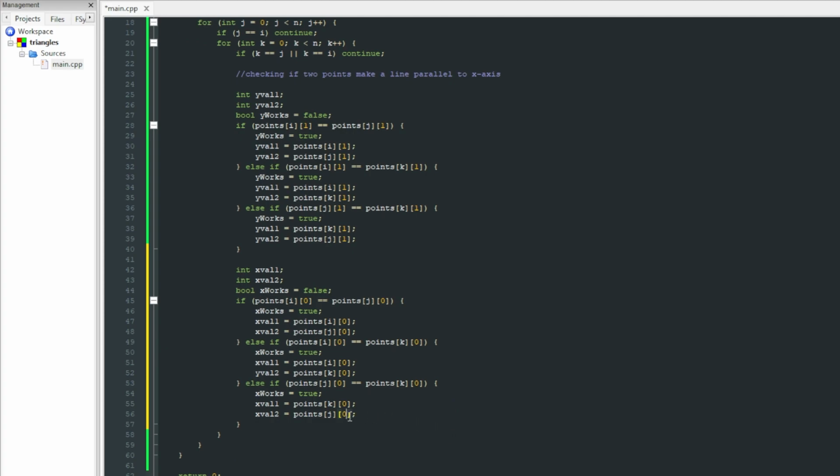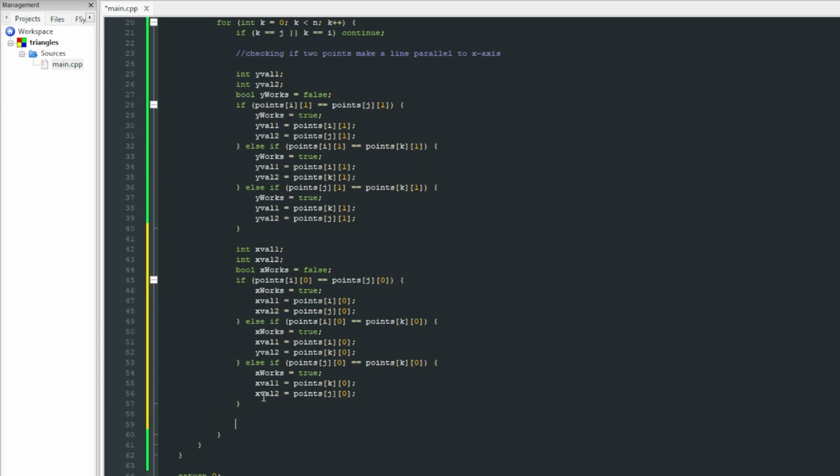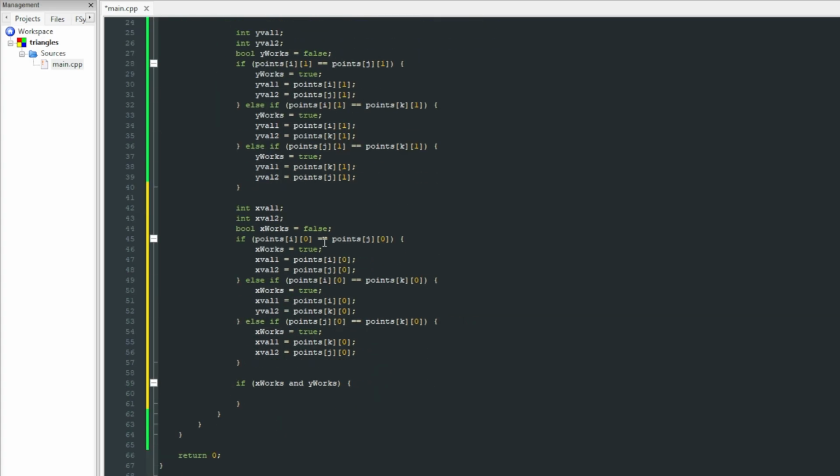And as you can see, I changed all the array indexes to 0 to go to the respective x column, basically. Next, if both xworks and yworks are true, then what we're going to do is push to maxes: maxes.push_back of abs of xval1 minus xval2.